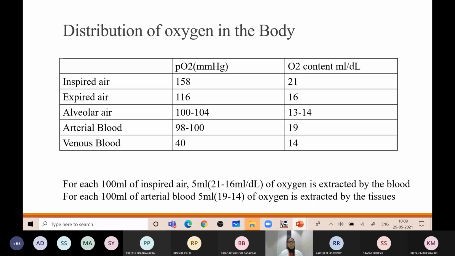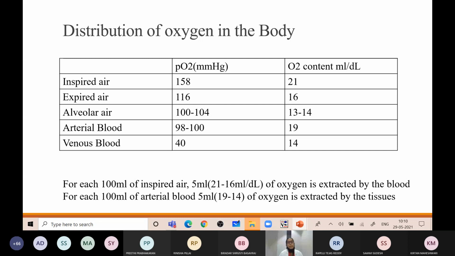In arterial blood, it is around 98 to 100 mm of Hg, whereas the oxygen content is around 19 ml per dL.